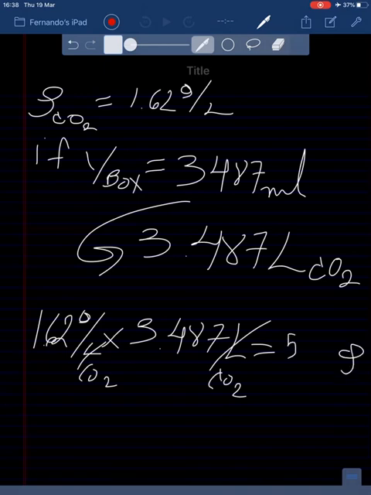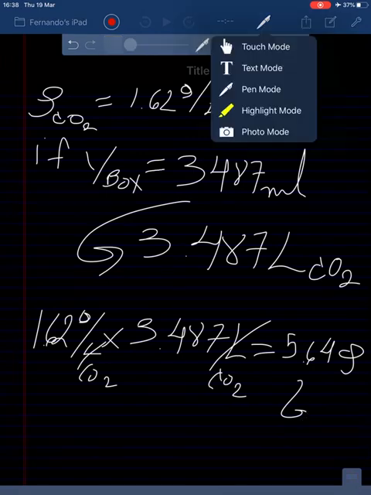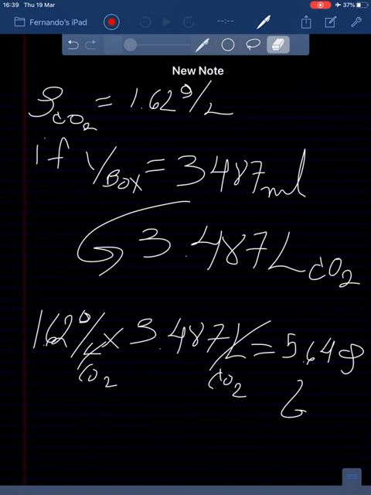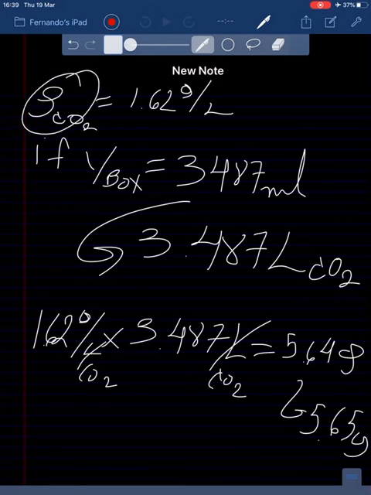Well, it says here 5.64, but it's closer to, oh, give me a second. There you go. It's actually closer to 5.65 grams.